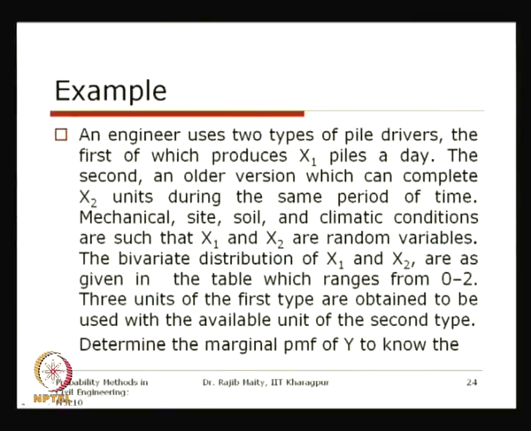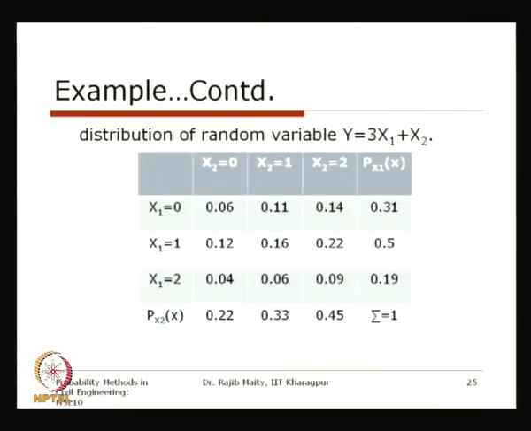What we are interested in: 3 units of the first type are obtained to be used with the available unit of the second type. Determine the marginal PMF of y, to know the distribution of the random variable y equals 3x1 plus x2. So, our function here is 3x1 plus x2, and the joint density is given here.